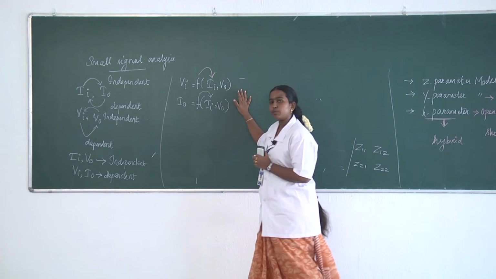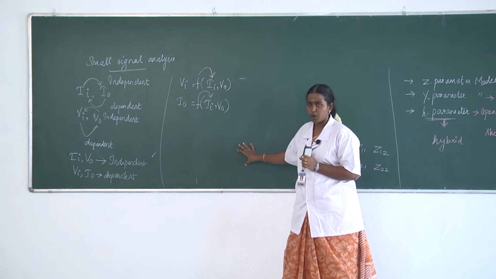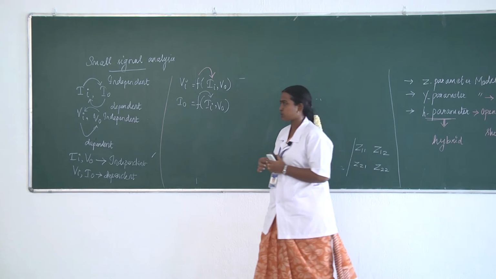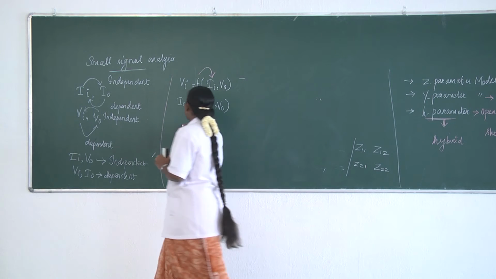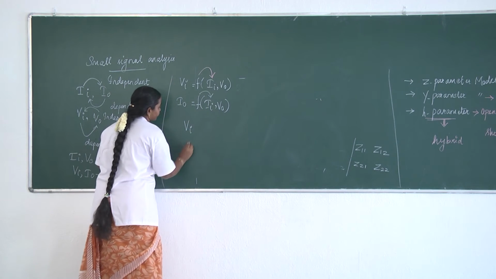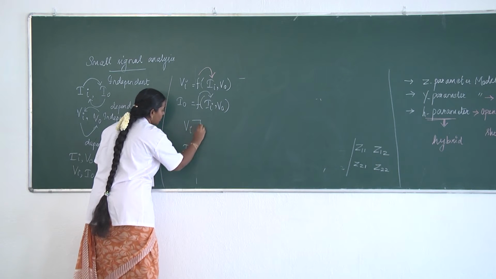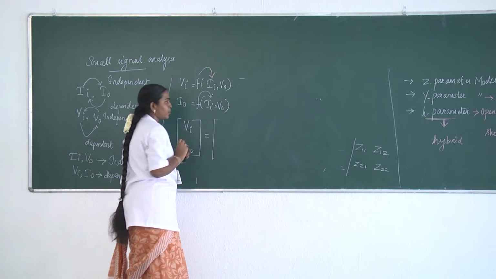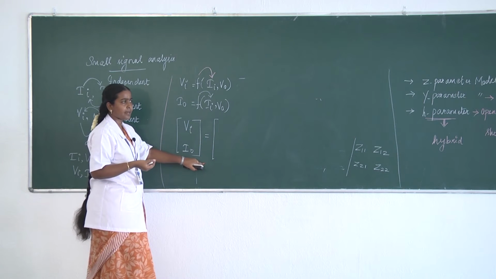So now we are going to make these terms into a matrix format. From that matrix format, we are going to form the equation. So first we can write it in the form of a matrix. So first VI and I0 are the dependent terms. So next I am going to use a hybrid parameter model.